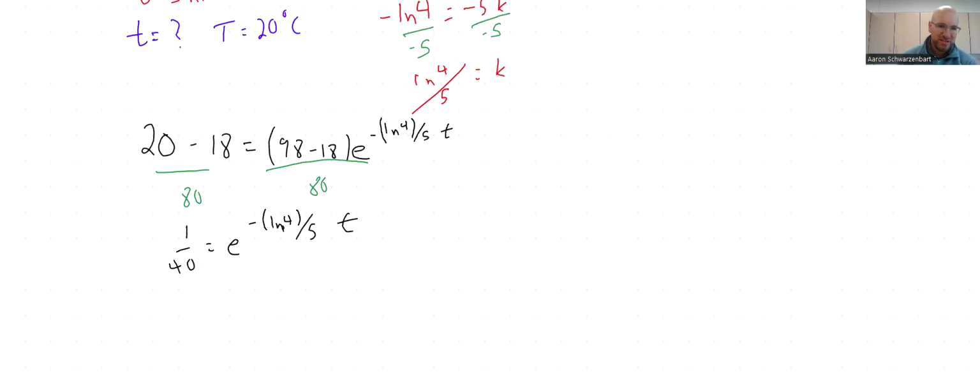I'll ln both sides, which cancels my e. I will make this, just like I did for the negative ln 4 for 1/4, I'll make that negative ln 40. And then I will multiply by my reciprocal.